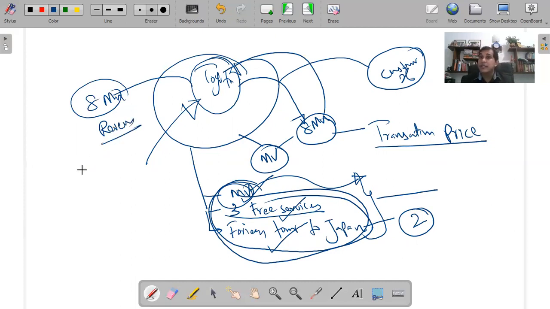Therefore, Toyota company should allocate this particular transaction price based on standalone selling prices.